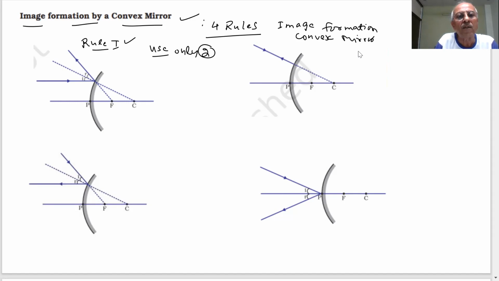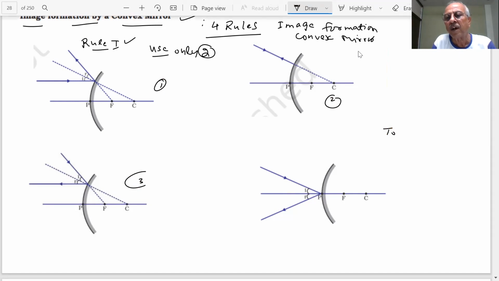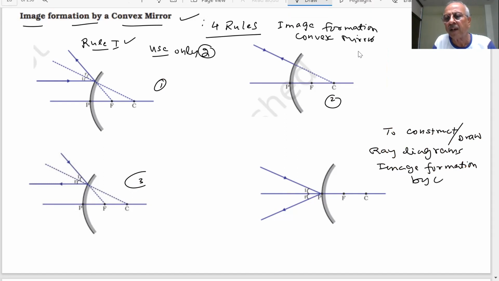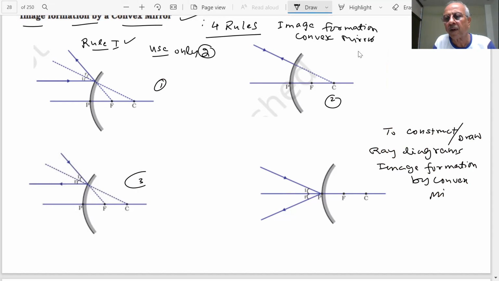So we have 1, 2, 3. The other rule is hardly used. I won't be using much of it, so I'm going to take 1, 2, 3. These are the 3 rules which I will use to draw ray diagrams for image formation by convex mirrors.